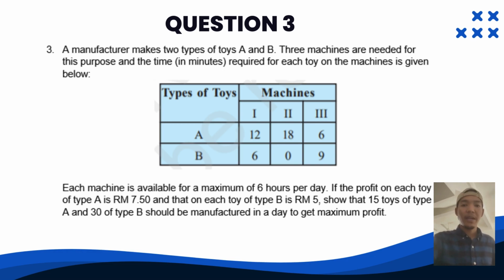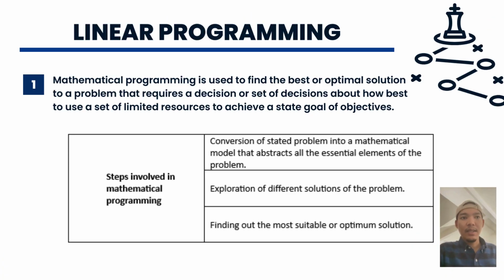My name is Muhammad Adik bin Ghazali and I will explain question 3 in project 4. Okay, question 3 is under linear programming, LP. Mathematical programming is used to find the best or optimal solution to a problem that requires a decision or set of decisions about how best to use a set of limited resources to achieve a stated goal or objective. There are 3 steps involved in mathematical programming.